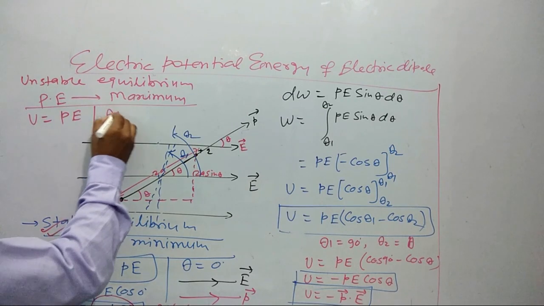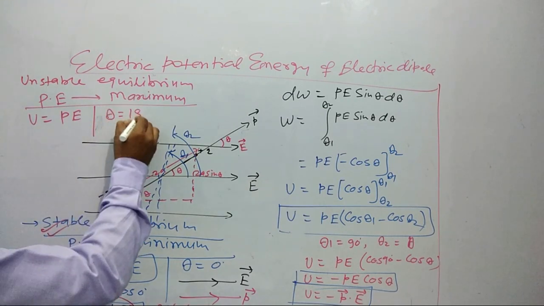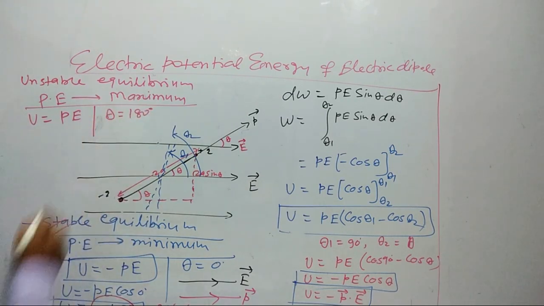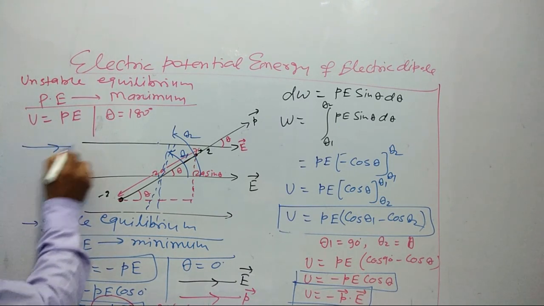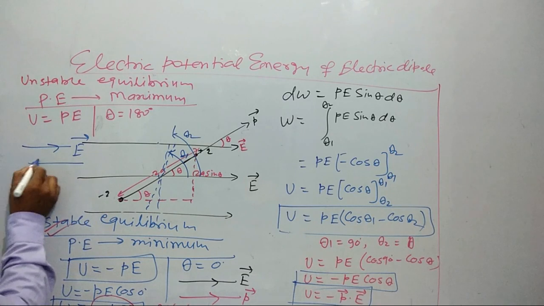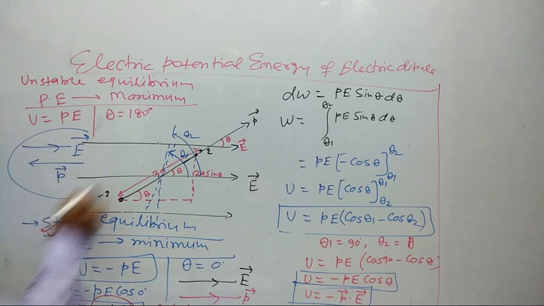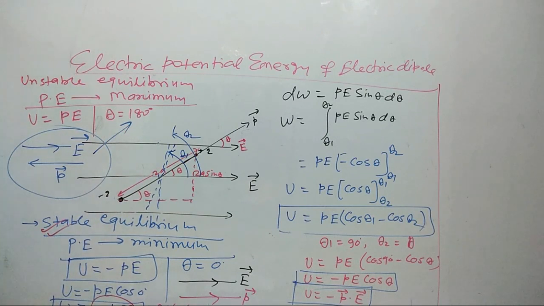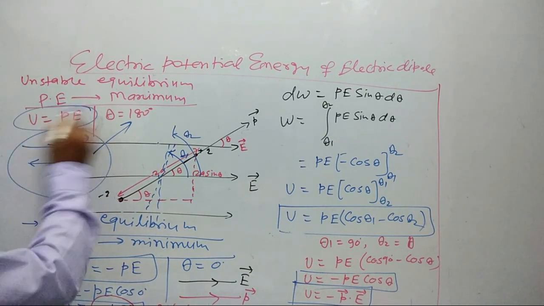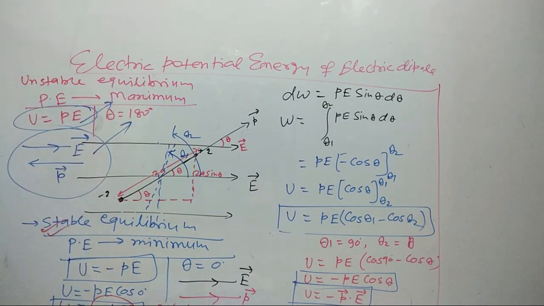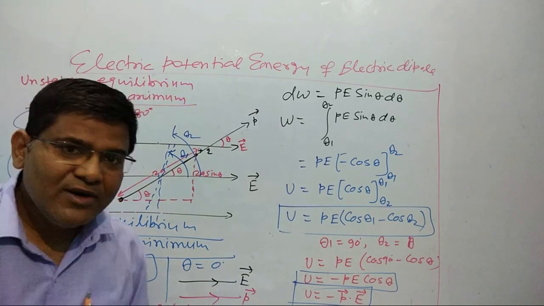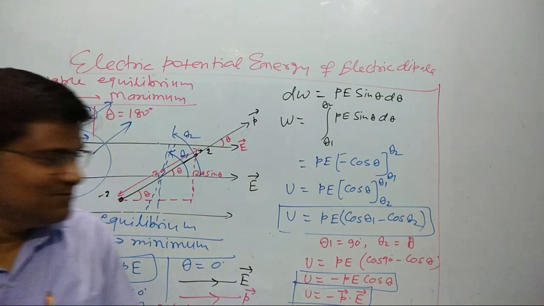It is possible when theta equals 180 degrees, meaning the electric field and electric dipole are in opposite directions. That's why it is 180 degrees and the potential energy becomes maximum. And this is all about the electric dipole.